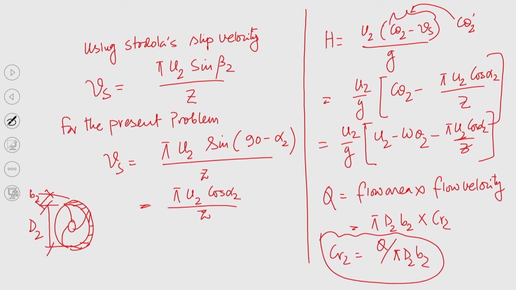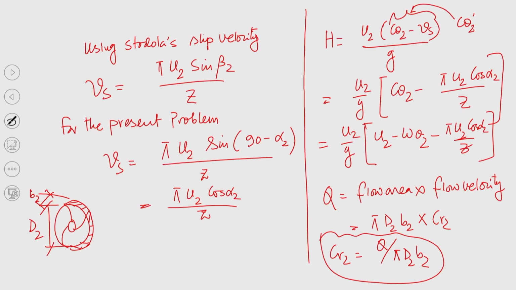Now, we have an explicit expression of CR2, and what about W theta 2? If we go to the next slide, then we can write H equal to U2 by G into U2 minus W theta 2 minus pi U2 cos alpha 2 by Z. Now, that is written.